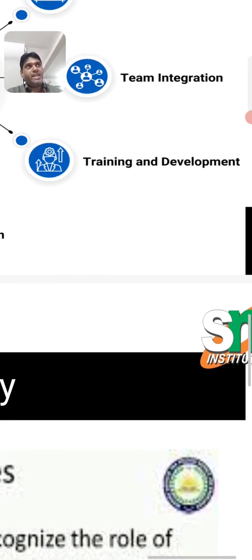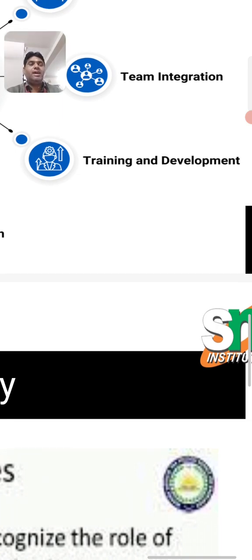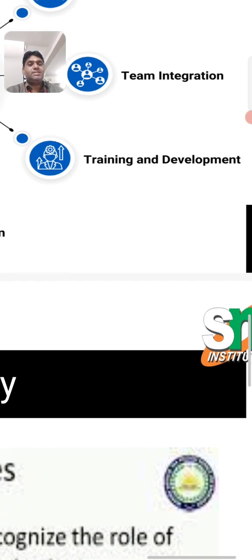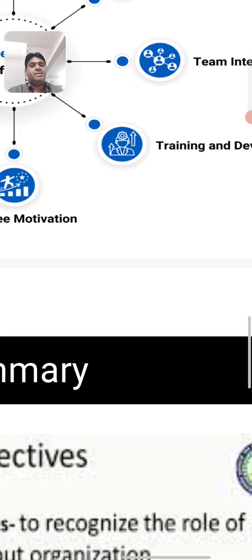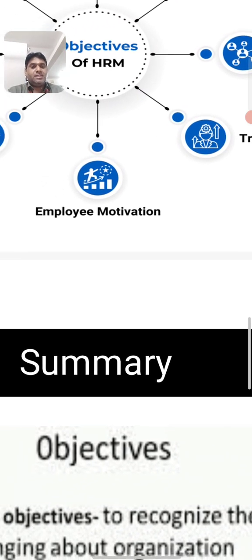They go for training, they learn, they acquire the skill, and they come back to their organization and implement it. Automatically the organization gets developed, with profit or whatever it is. Not only profit, but also the employee's individual development. When one individual develops, the organization gets developed. So that is the other thing.